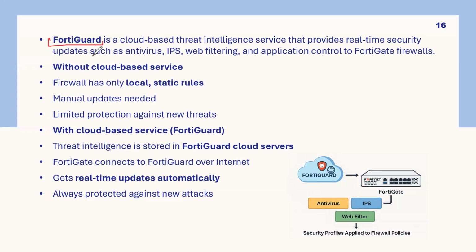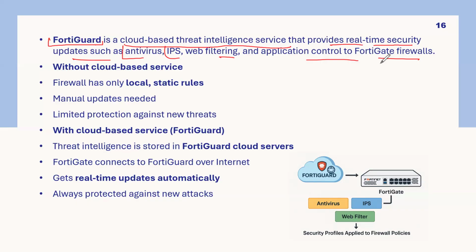FortiGuard is a cloud-based threat intelligence service that provides real-time security updates such as antivirus, IPS, web filtering, and application control to the FortiGate firewall. If you remember, yesterday I told you that on some firewalls it depends completely on the admin setting the rules.